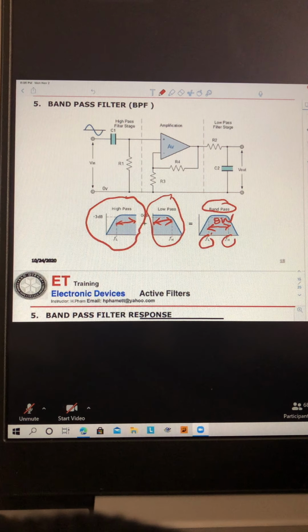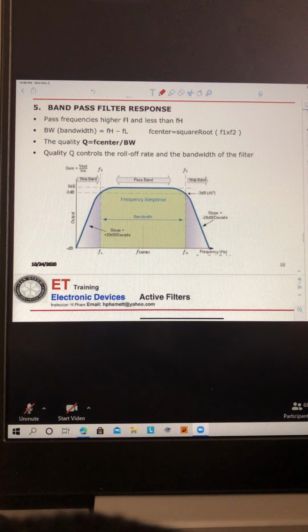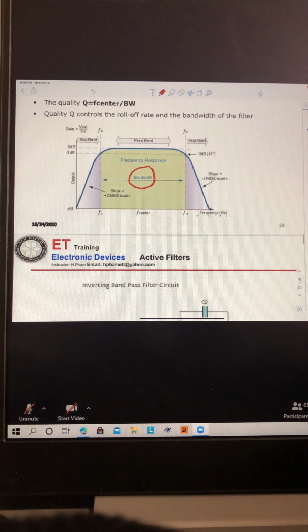Okay, now the band pass filter output passes frequencies higher than FL and less than F high. That's what they're telling you. They get a bandwidth here. So they have two cutoffs, one FL, F low, and another one.